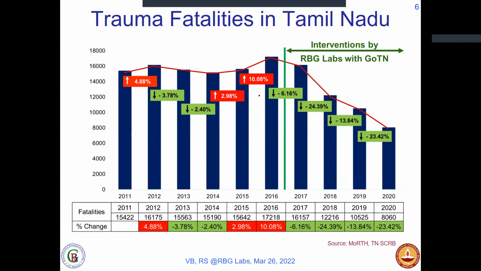Of course, this is the number that we all go by, and there are other things that people look at and would want to take up. So this is with TN, what happened in TN, right?